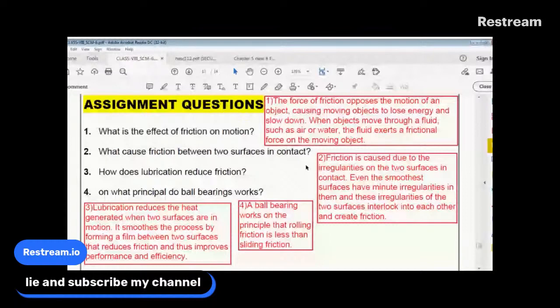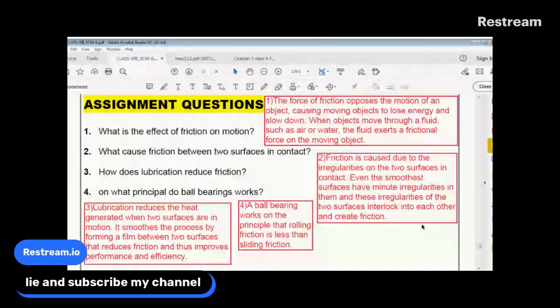The answer is friction is caused due to irregularities on the two surfaces in contact. Even the smoothest surfaces have minute irregularities in them, and these irregularities of the two surfaces interlock into each other and create friction. Number three, how does lubrication reduce friction?